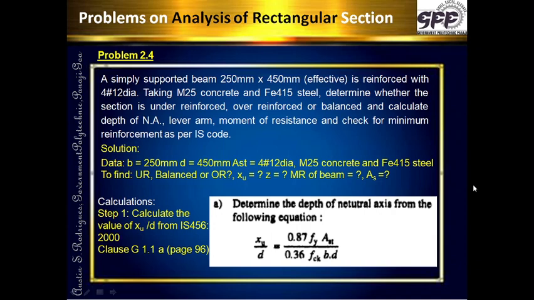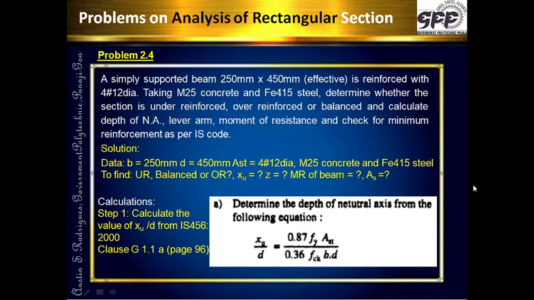At the same time, the other parameters are required to be calculated, such as the depth of the neutral axis, the lever arm, the moment of resistance, and we have also been asked about the check for minimum reinforcement, whether that gets satisfied with the provision of 4 bars of 12 in this beam.